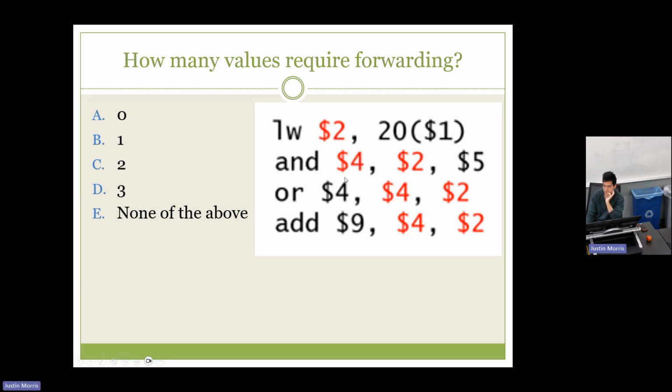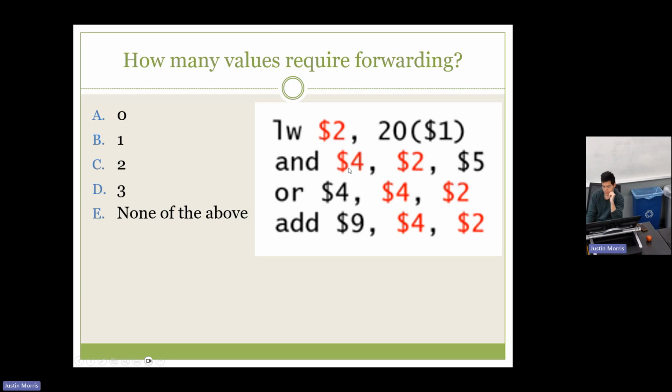And then in the fifth cycle, we forward from the end of memory, or more the beginning of write back, to execute on the AND. Right? And this is decoded. This is fetch.